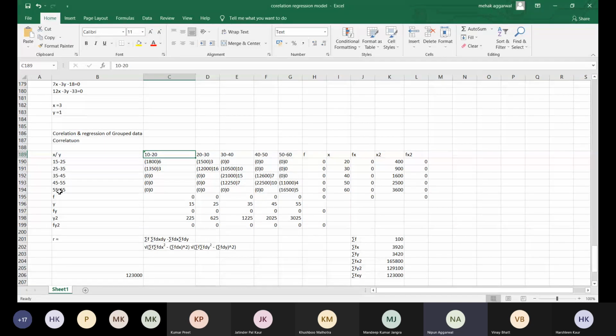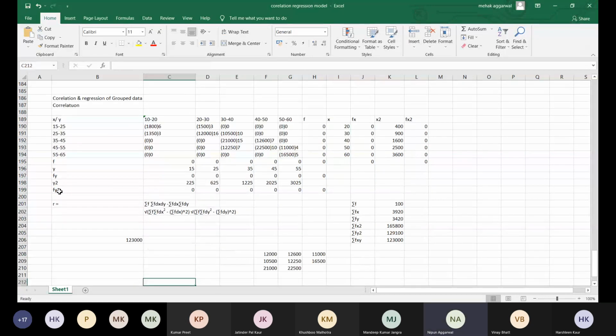Fine. So in that particular case, we have to find the regression of y on x or x on y. See the question: I want to analyze the effect of income on age. So that means we want to find y on x or x on y.